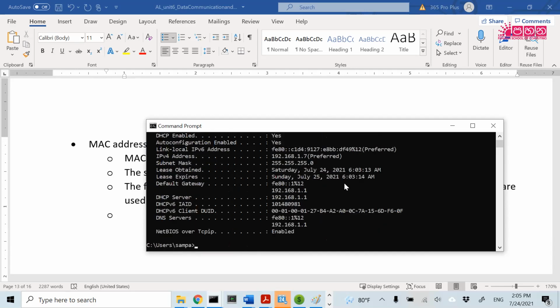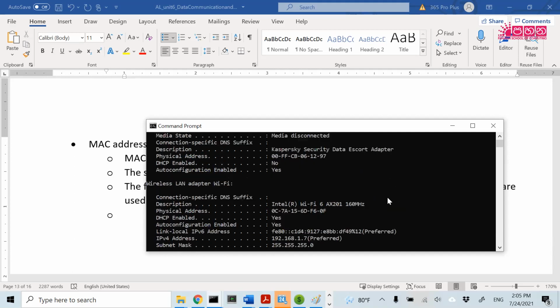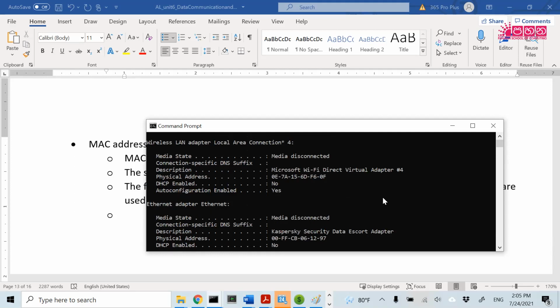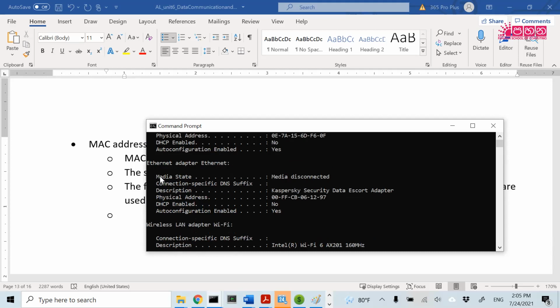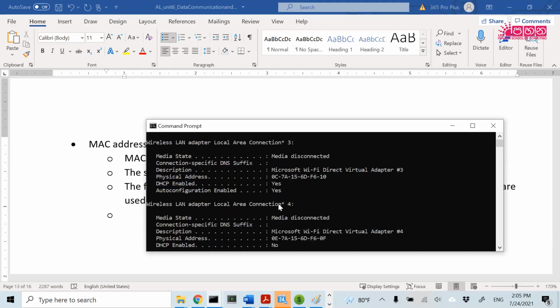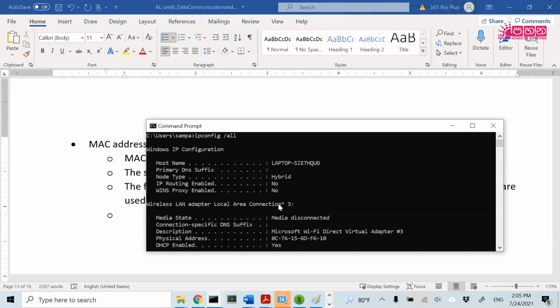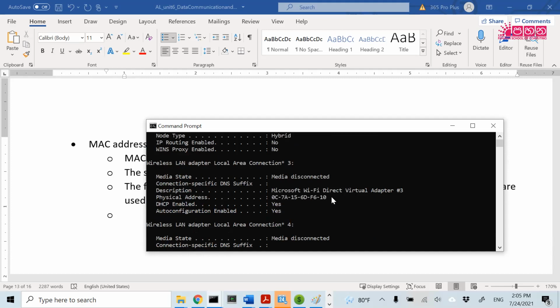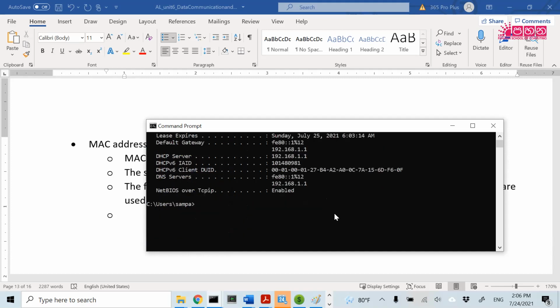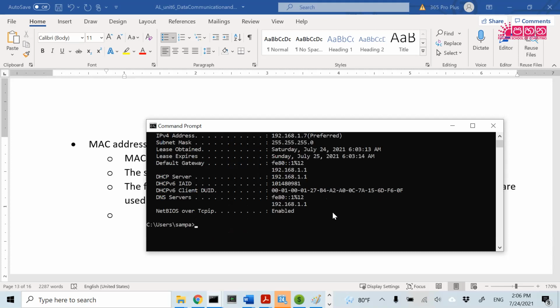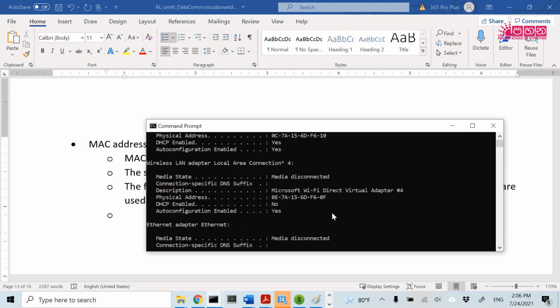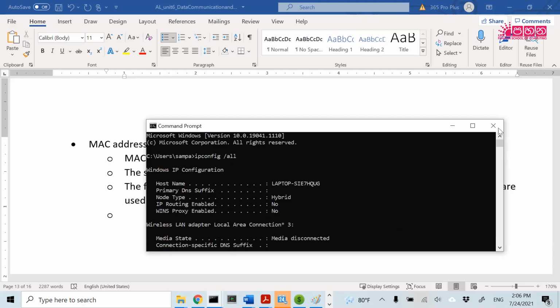All these details are given here. So when you get these numbers, it's called the MAC address.